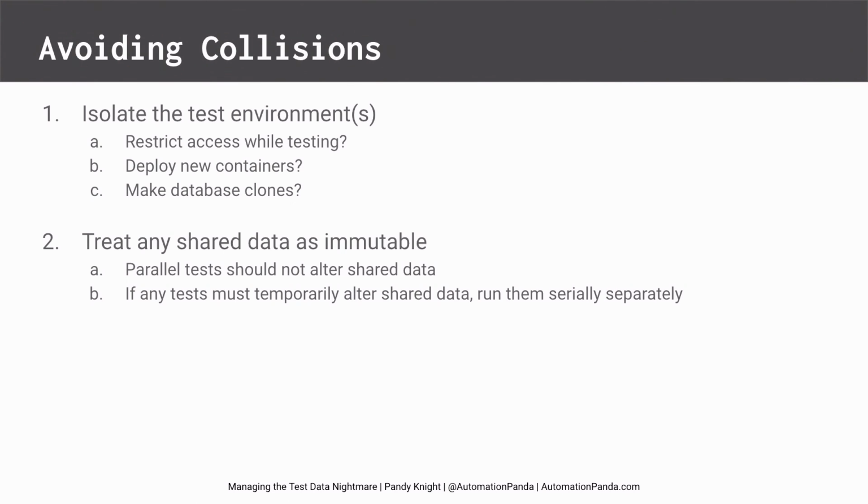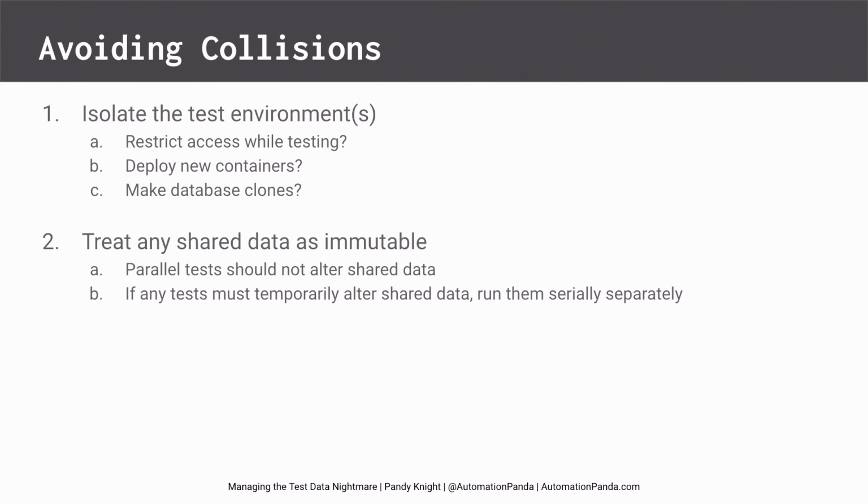Second strategy, treat any shared data as immutable or unchanging. Sometimes shared product data is unavoidable. For example, if tests run in parallel against one test environment, then they could be using the same product data. Or if an application has multiple components, certain components may be difficult to isolate for testing. Whenever data must be shared, treat that data as constant or immutable.